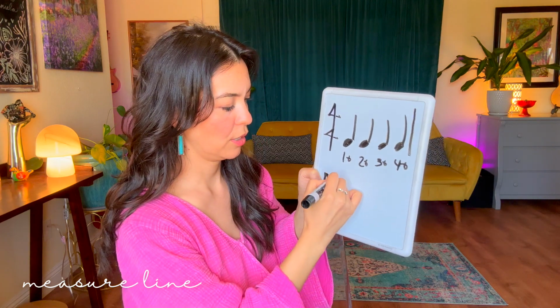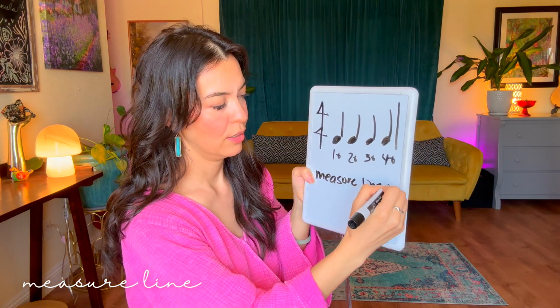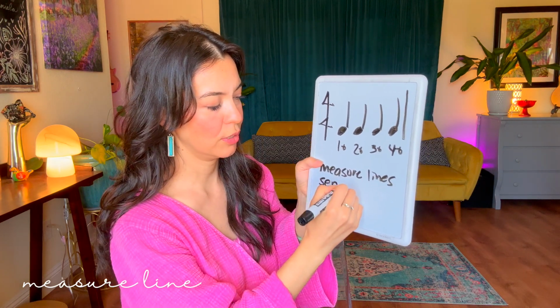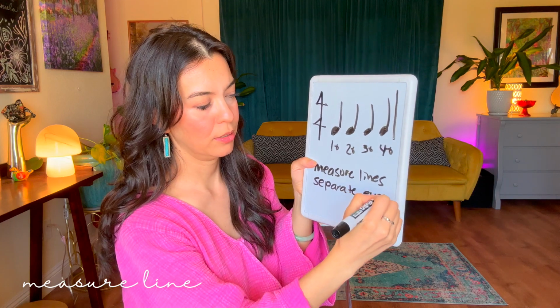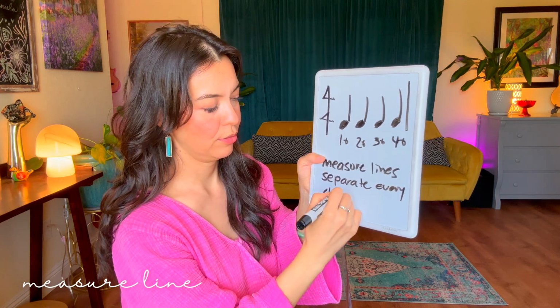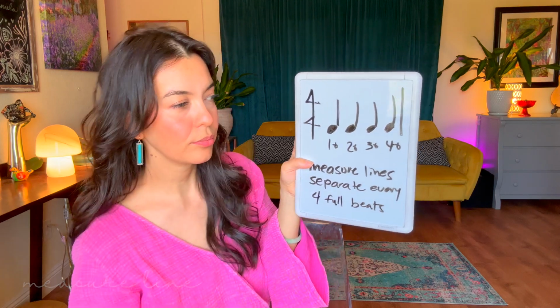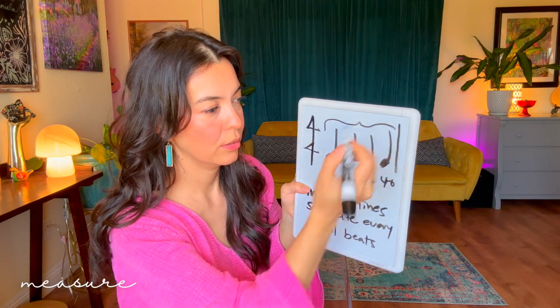So measure line. Measure lines separate or organize, whichever word, every 4 full beats. And the space inside is called the measure.